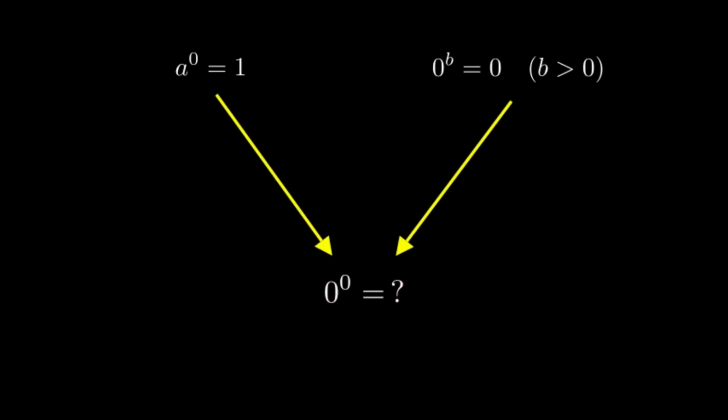We've reached a contradiction. Should 0 to the power of 0 equal 0 or 1? Both answers seem plausible based on the rules we've established. This is what makes it a true mathematical paradox. To resolve this apparent contradiction, mathematicians have needed to develop more sophisticated approaches using limits, formal algebraic systems, and considerations from different branches of mathematics, like combinatorics and set theory.